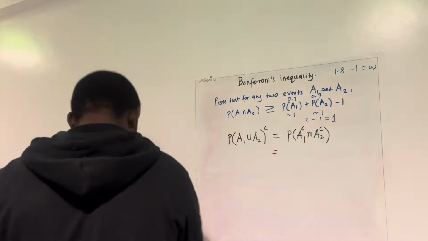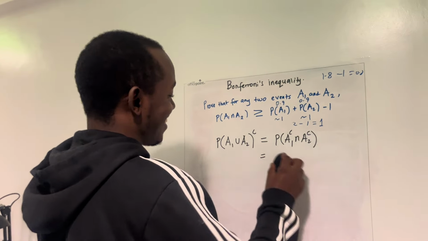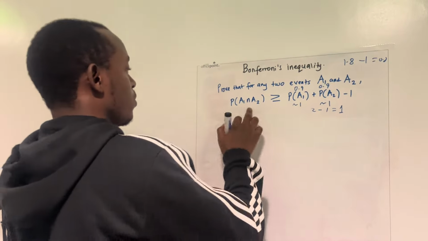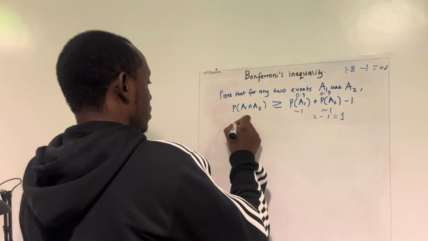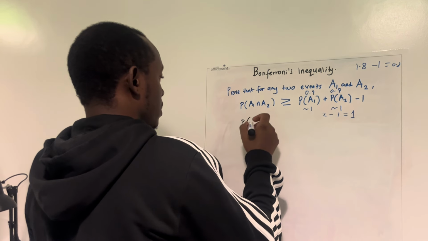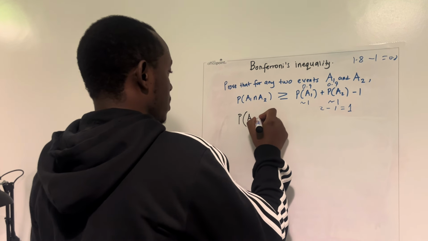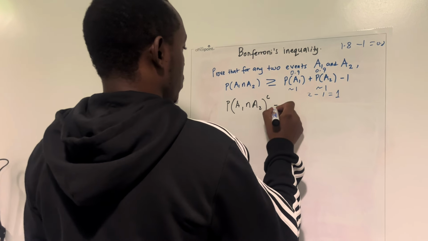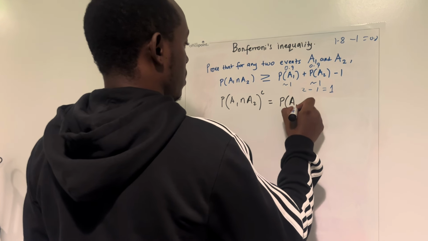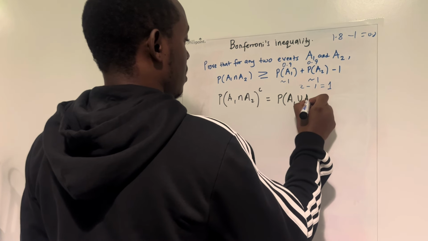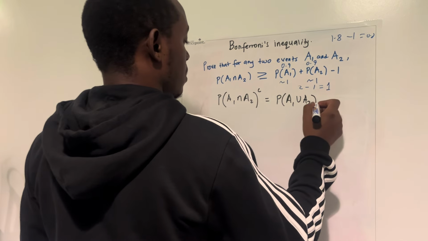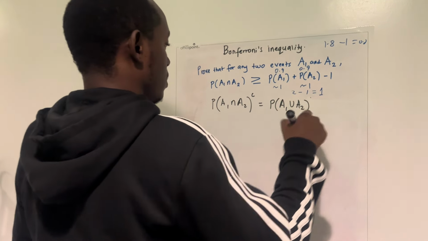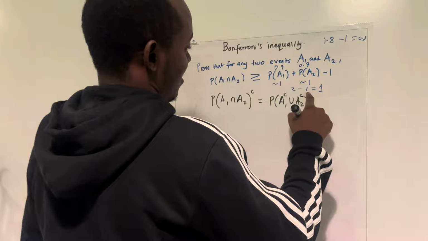Okay, sorry. Fast pause. All right, so actually with De Morgan's laws, we're going to say the probability of A1 intersection A2, but the complement, is going to be equal to the probability of A1 union A2, the complement going outside. Sorry, this actually goes here.